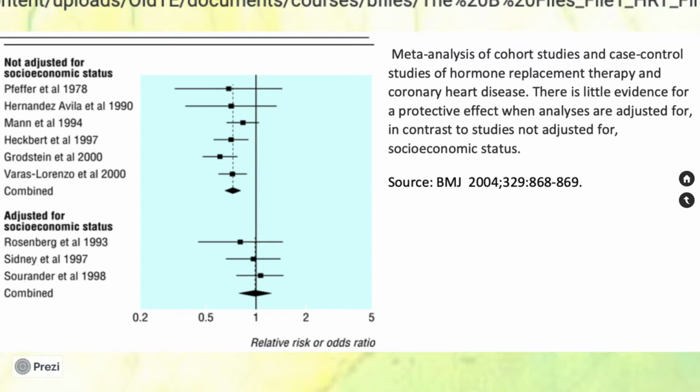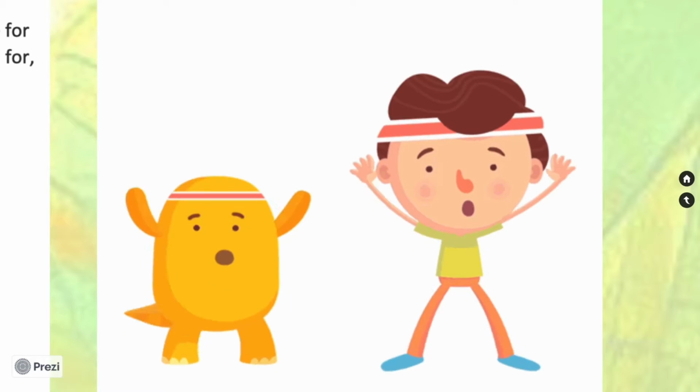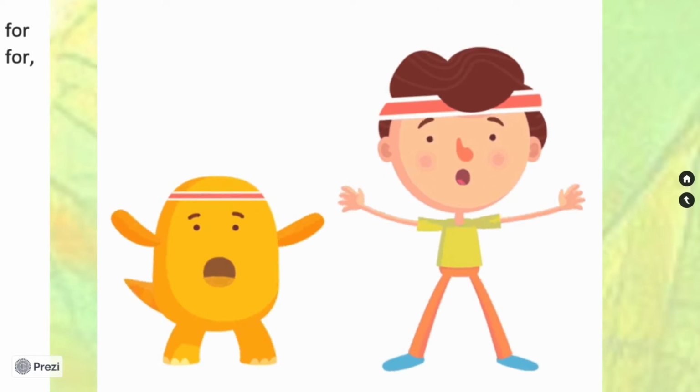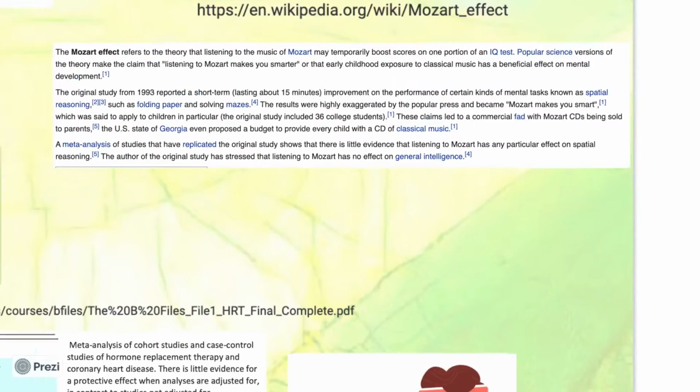And once you took out socioeconomic status and the fact that a lot of the women who were taking the drugs generally lived healthier lifestyles, when that was taken into account, there was no benefit, there was no evidence for a protective effect. And as I said there, the people who could afford the hormone replacement drugs tended to be a little bit more well off, tended to live healthier lifestyles.